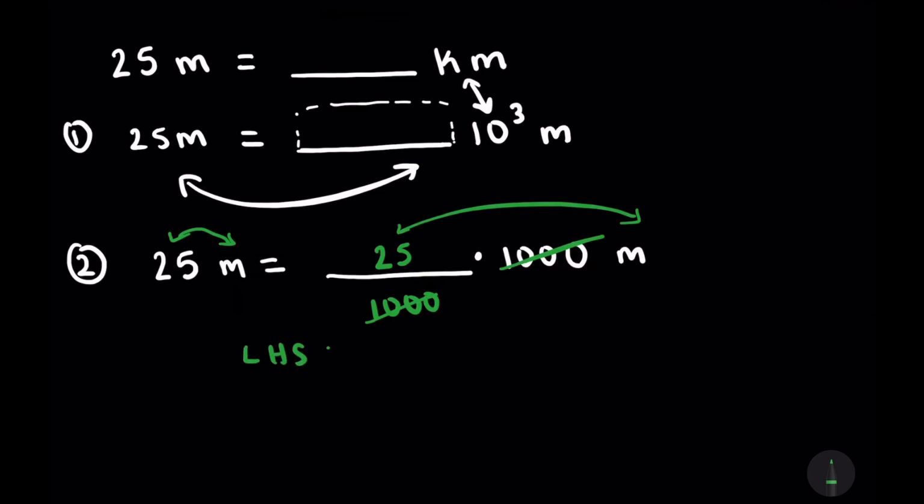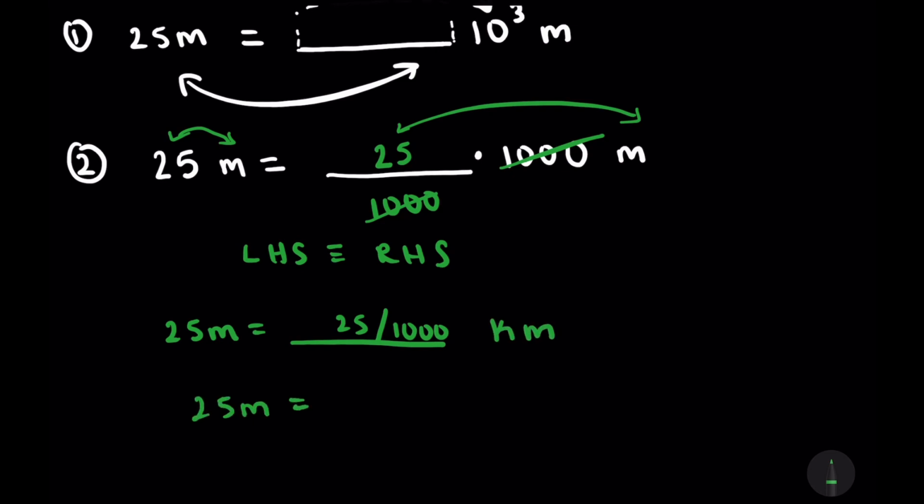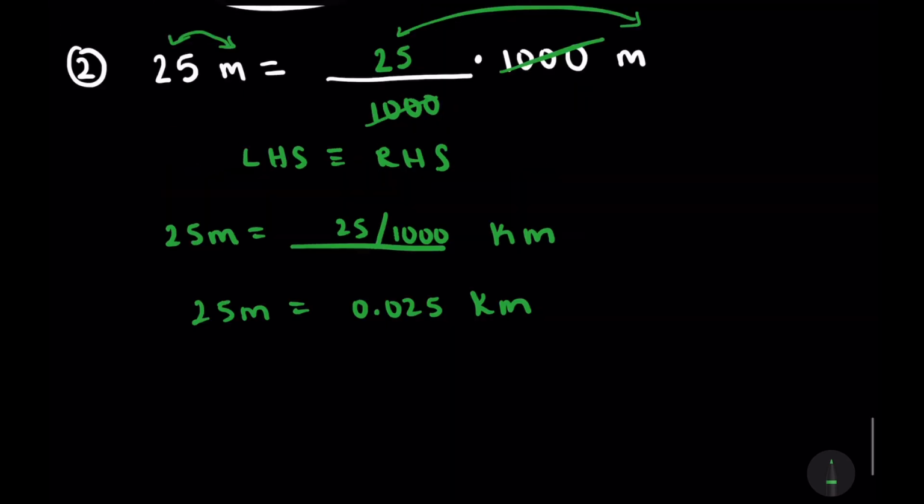And we have our left-hand side equal to our right-hand side. So what this told us is that 25 meters is equal to 25 divided by 1,000 kilometers. And we can write that more simply as 0.025 kilometers.